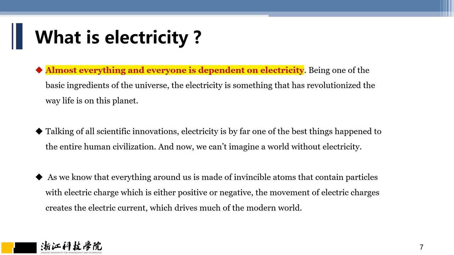Everything around us is made of invisible atoms that contain particles with electric charge, which is either positive or negative. The movement of electric charges creates the electric current, which drives much of the modern world.